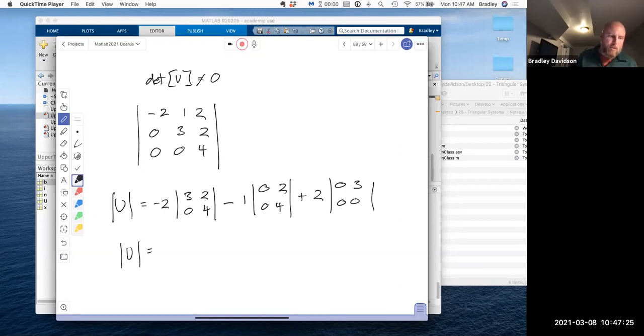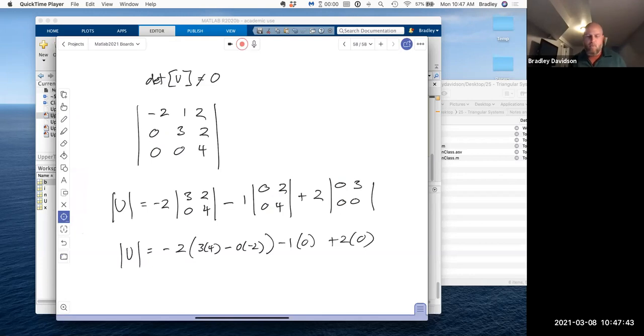And so this determinant is -2 multiplied times 3 times 4 minus 0 times -2, and then minus 1 times 0, then plus 2 times 0, because there's a 0 in both of those rows. And then what we see here is that the determinant of U is equal to only the multiplication of these three numbers.